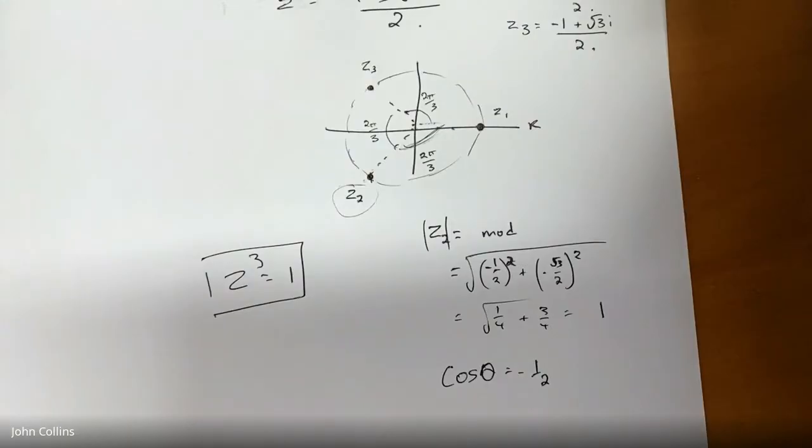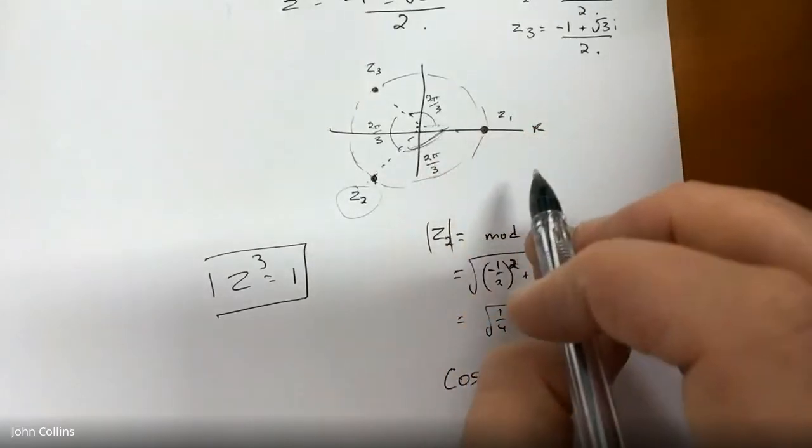When you cube it, the argument gets multiplied by 3, so it's going to end up at 1.